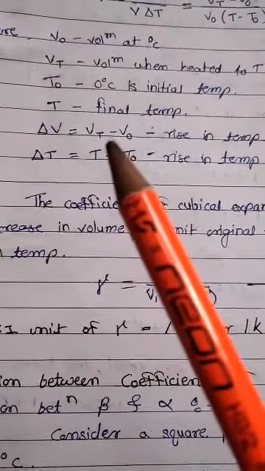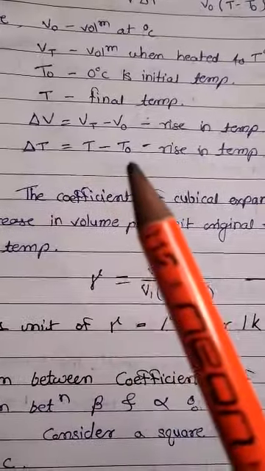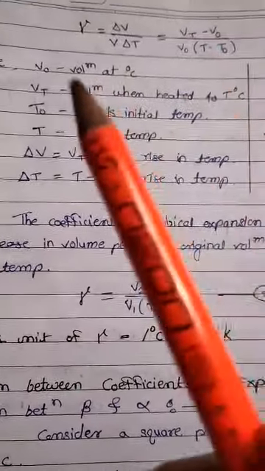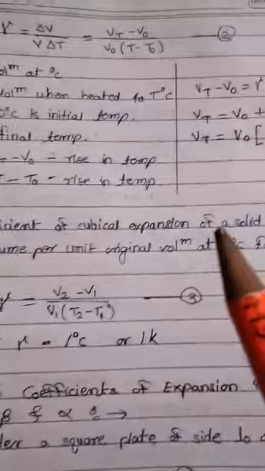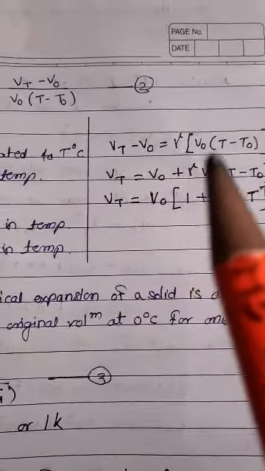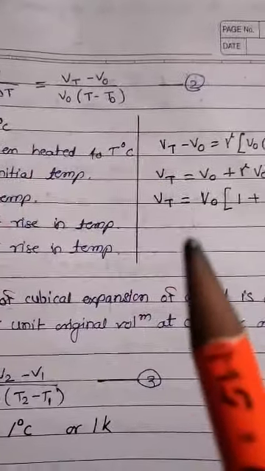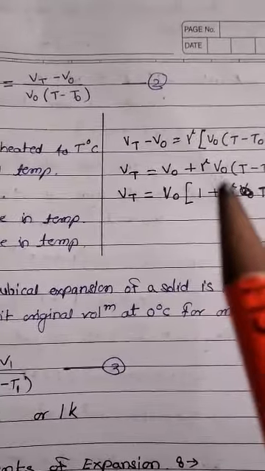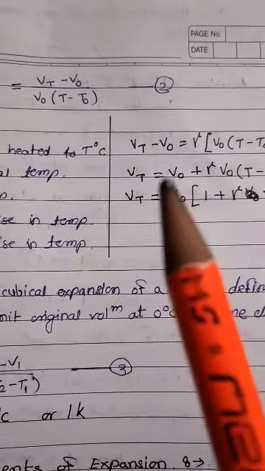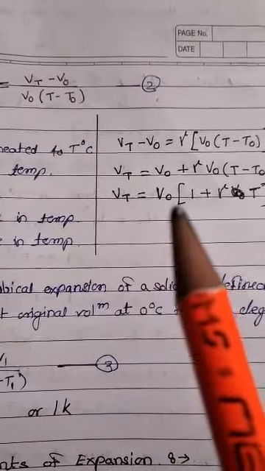Delta V is Vt minus V naught and delta T is T minus T naught, the rise in temperature. Similarly, we find another formula for Vt: Vt minus V naught is equal to gamma V naught into T minus T naught. Rearranging, Vt is equal to V naught plus gamma V naught into T minus T naught. Taking V naught as common, we get Vt is equal to V naught into 1 plus gamma T.